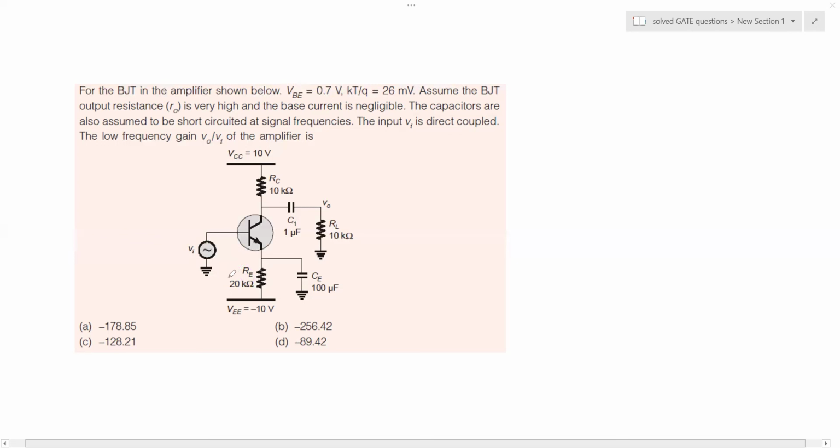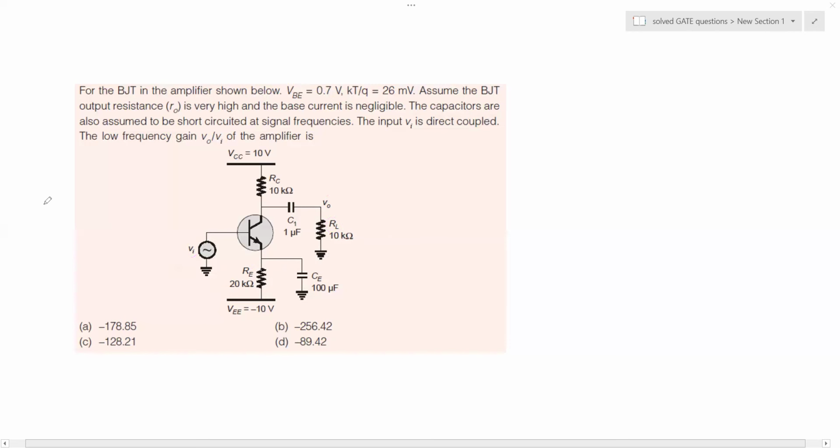It is there to reduce the gain by some amount, but the advantage of having RE in this circuit is that it provides stability of the operating point, because the operating point can vary over temperature, noise, disturbance, etc. So having RE makes sure the operating point remains stable. RL is the load resistance, VI is the input, and VO is the output.